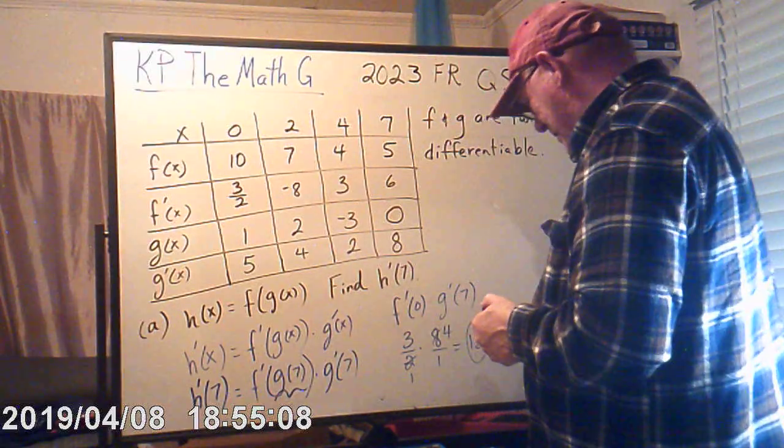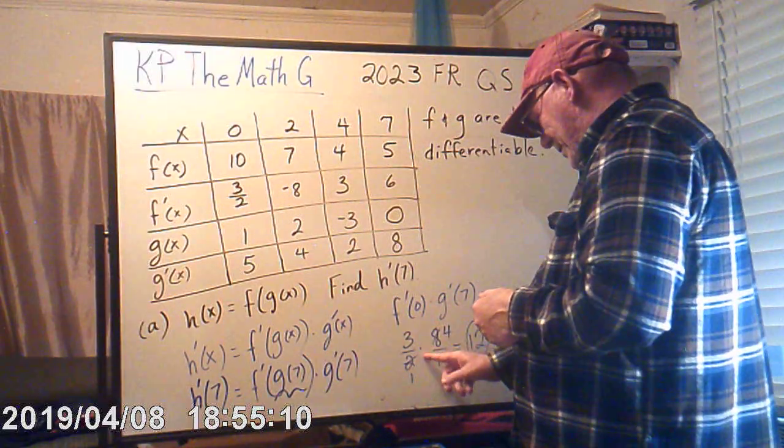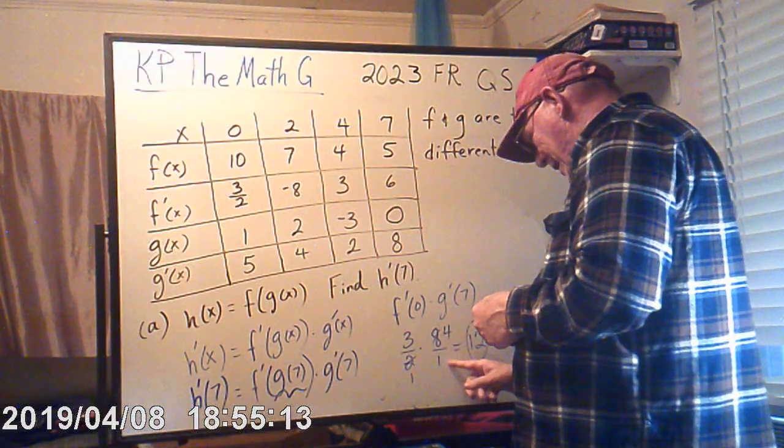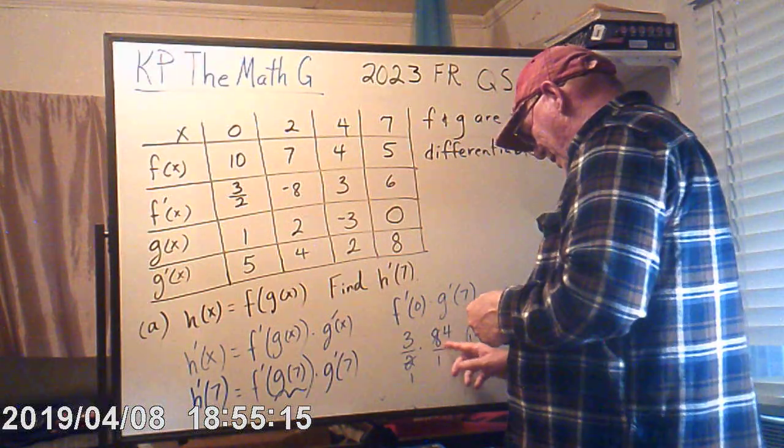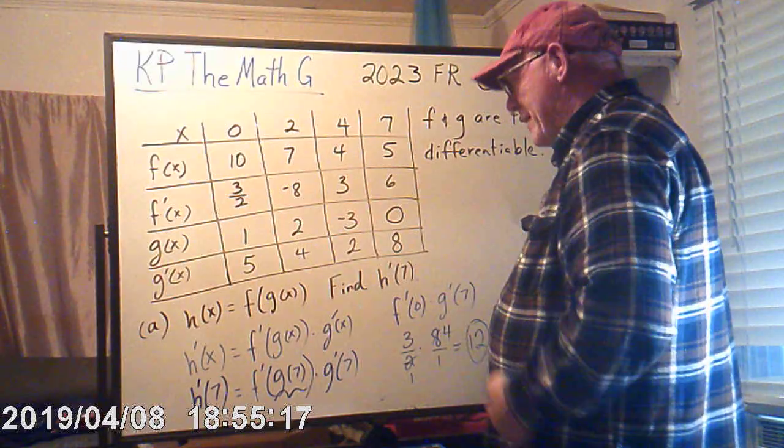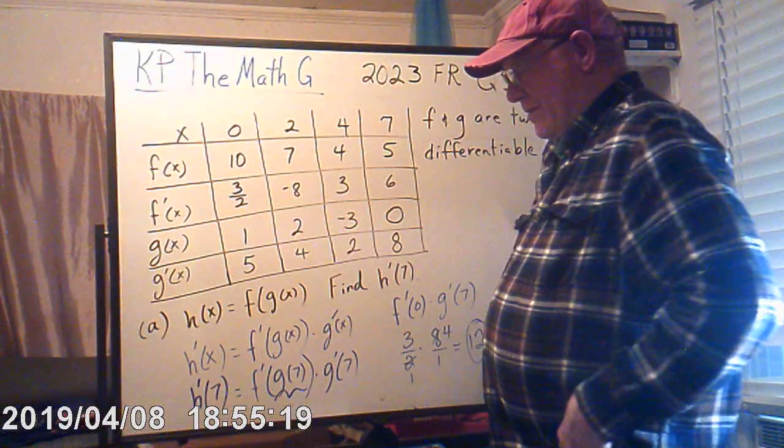Plugging that in, F prime at 0 is 3 halves. G prime at 7 is 8. So 3 halves times 8 is 12. And that's all you have to do there.